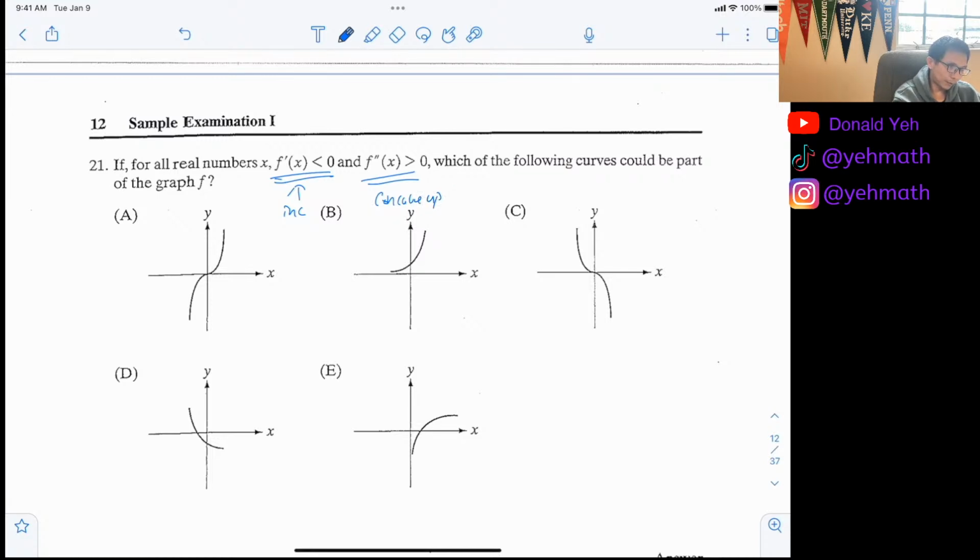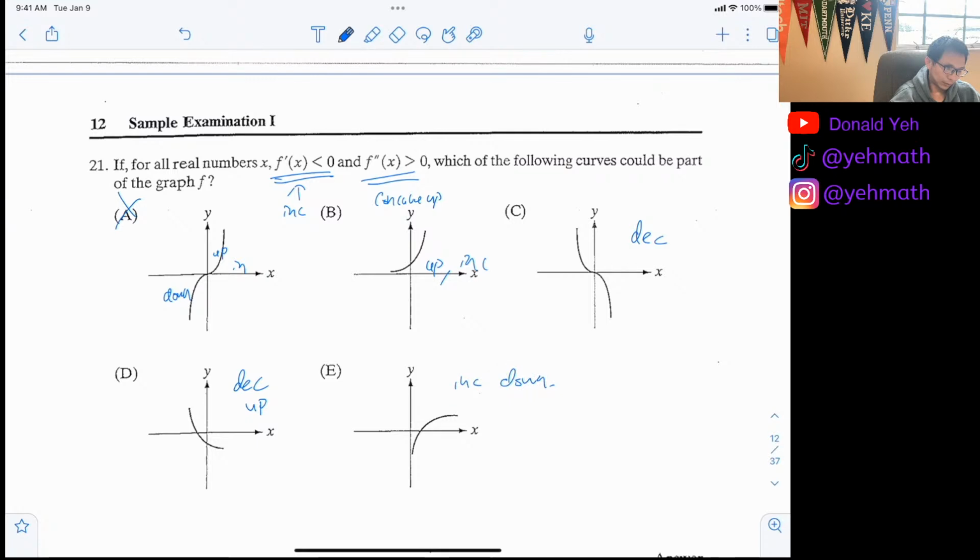This one has concave down. And this one is up, but it's increasing, so this is not correct because it has a down part. This one is only concave up and increasing, which is true the whole way. But this one has a decreasing part, so that's wrong. Decreasing, that's wrong, concave up. This one is increasing, concave down.